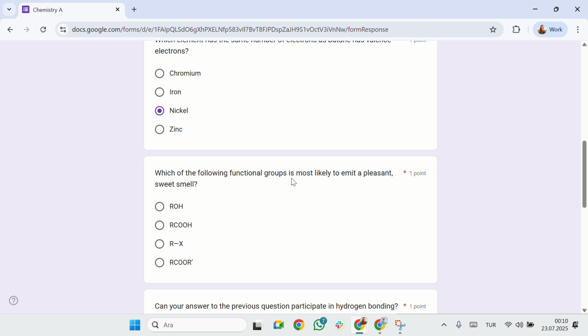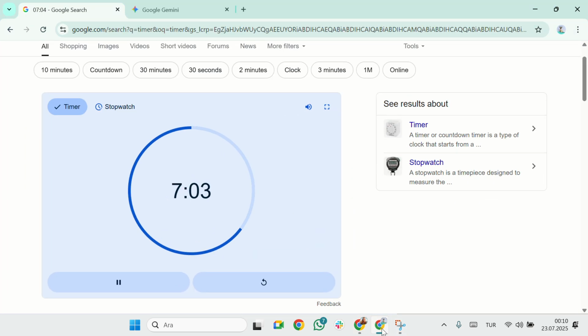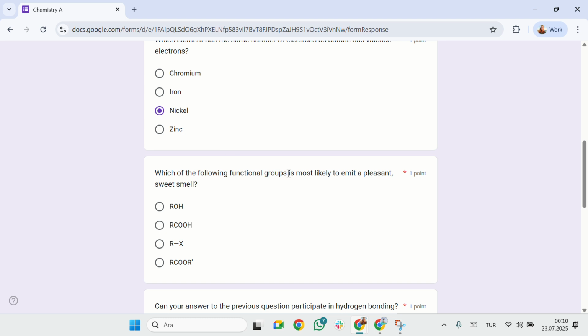Which of the following functional groups is most likely to emit a pleasant sweet smell? Pleasant sweet smell. Oh, I know this should be a cyclic group. So RH, ROH, RCOH. This should be an organic molecule.